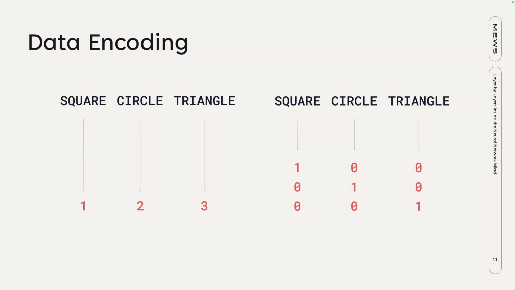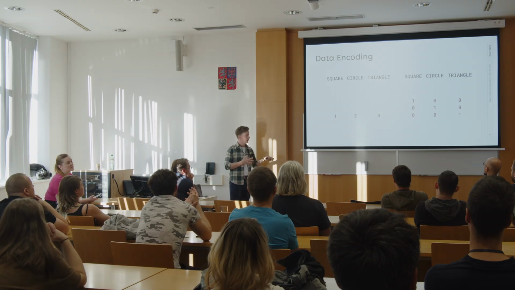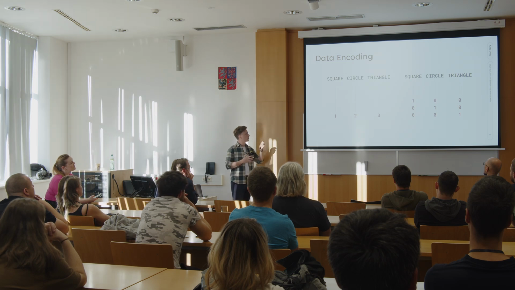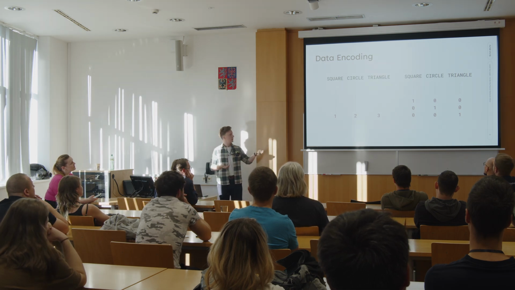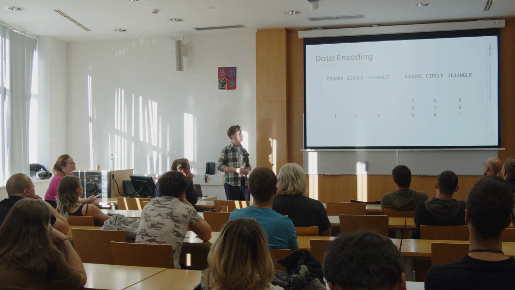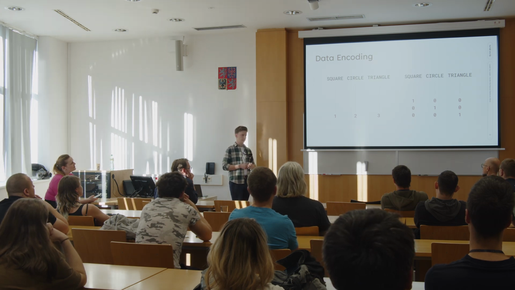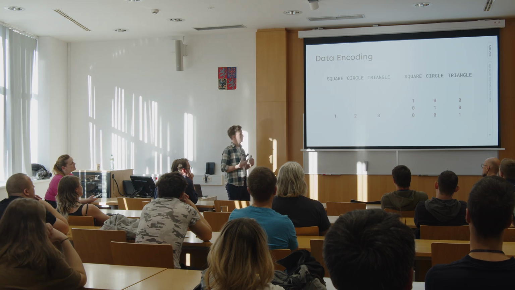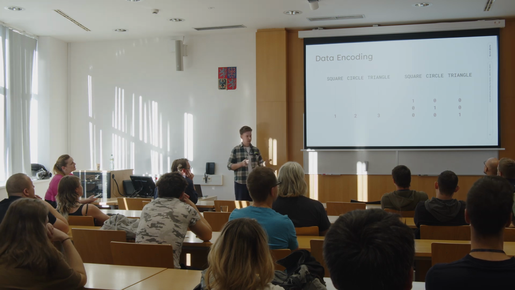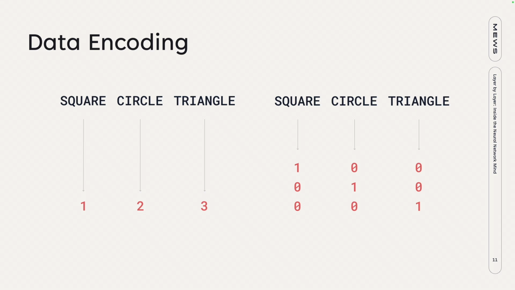So it may happen that you're going to end up with results like triangle is greater than square, or circle is greater than square, or square is less than circle because 3 is greater than 1, and so on and so forth. So I'm showing you this very specific example to give you some kind of idea what all needs to happen before we actually start training our neural network. And it's being said quite often that your neural network is only as good as your data is.